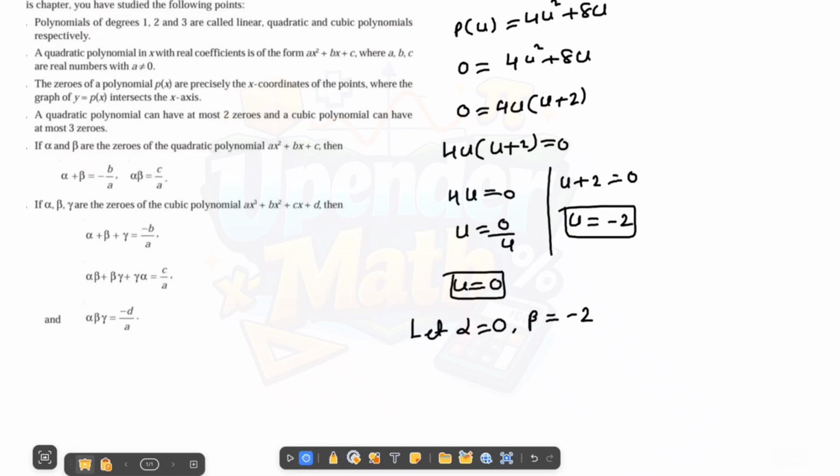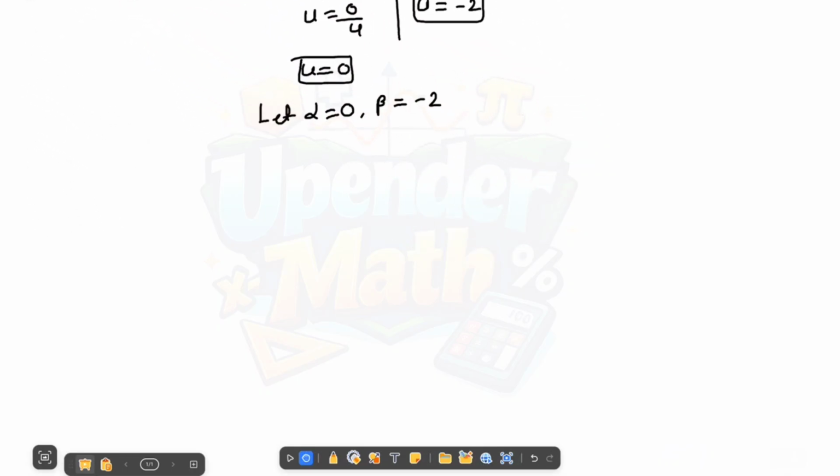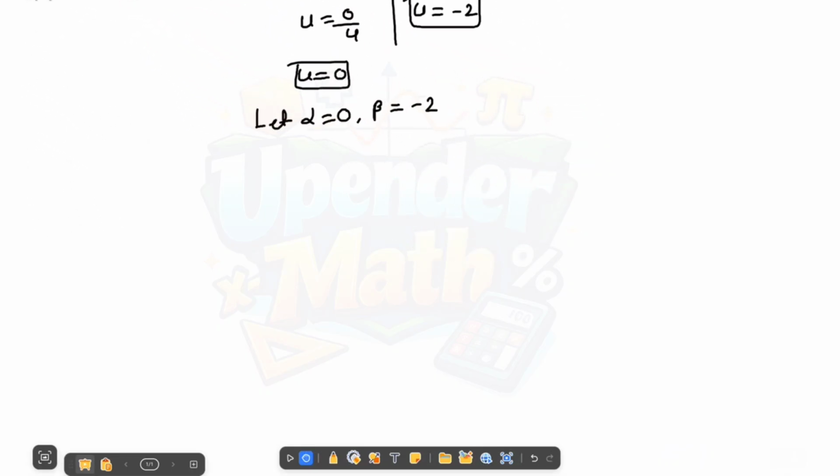Now we have to verify the relationship between these zeros. So what is the first relation? Sum of the zeros. We should get alpha plus beta equals to minus b by a. So let's add alpha plus beta.